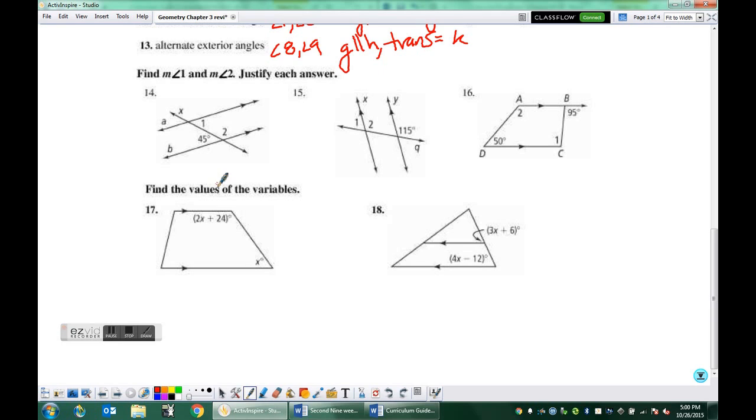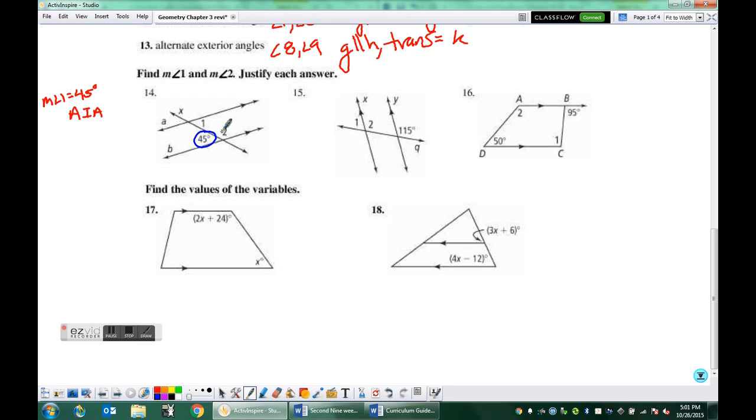Looking here at number 14, you really got to know your angle pairs, basically for your justification. If I look at angle 1 and this angle of 45 degrees, remember, those are alternate interior angles. Because of that, I know that the measurement of angle 1 is 45 degrees because they are congruent.